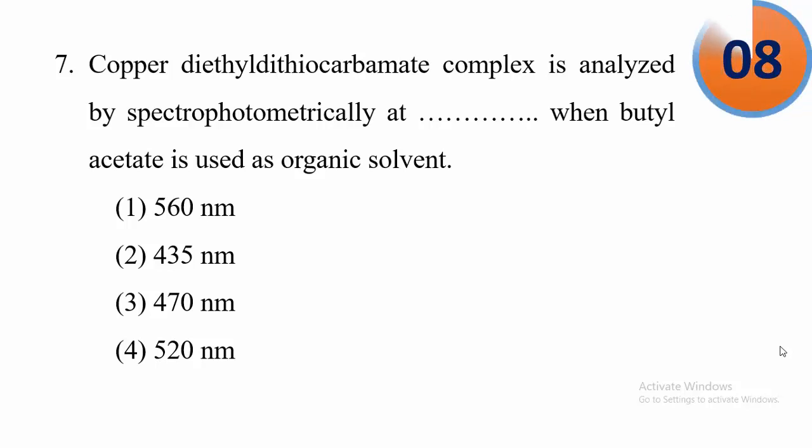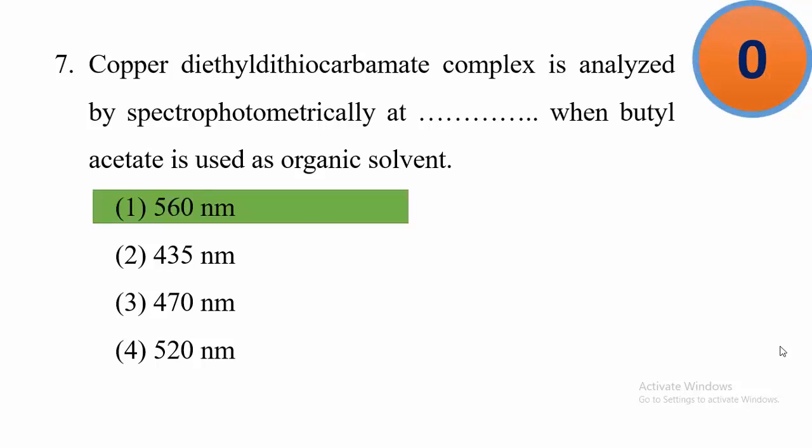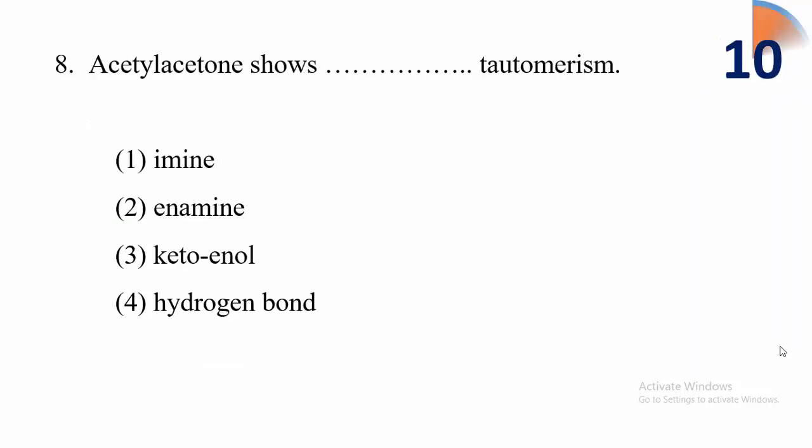Copper diethyl dithiocarbamate complex is analyzed spectrophotometrically at dash wavelength when butyl acetate is used as an organic solvent. When we use butyl acetate as solvent, copper diethyl dithiocarbamate is analyzed spectrophotometrically at 560 nanometer. Acetylacetone shows dash tautomerism.